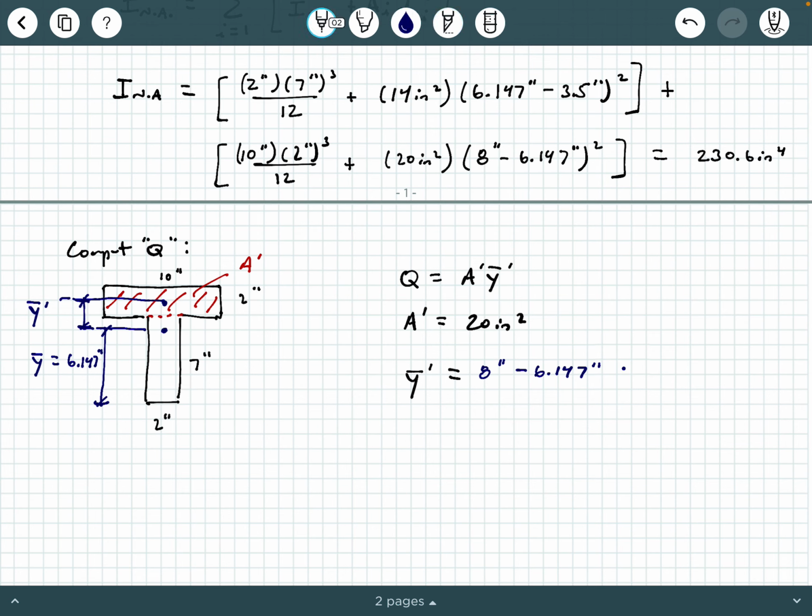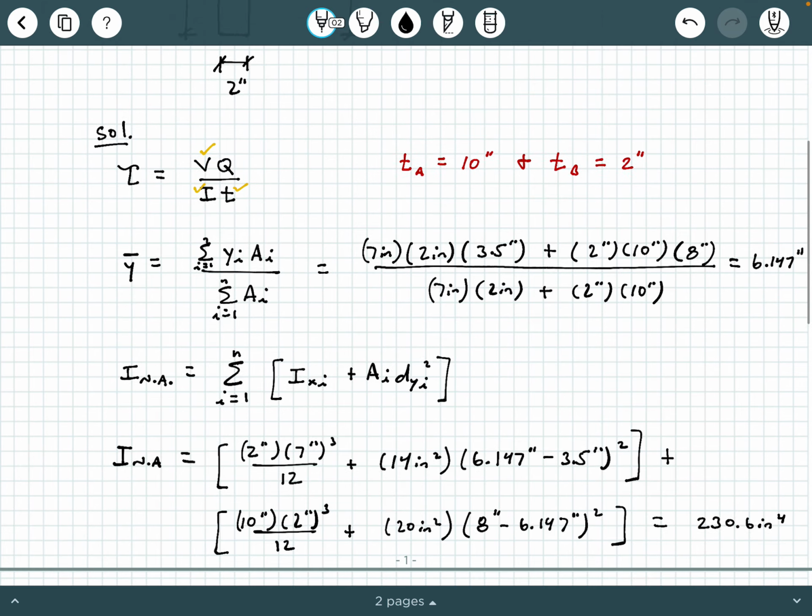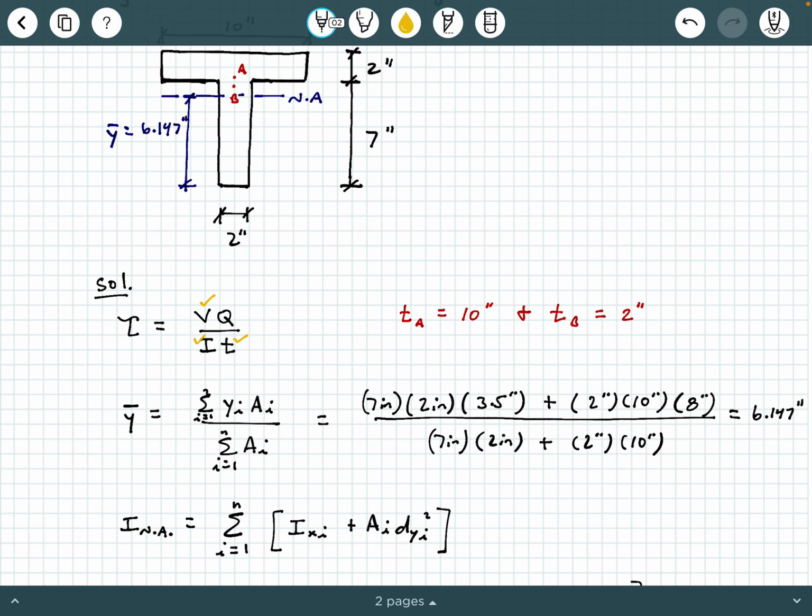And so we can punch that through, and 8 minus 6.147 is 1.853 inches. And so we can get our Q value as 37.06 inches cubed, okay? And so now we have Q, all right?